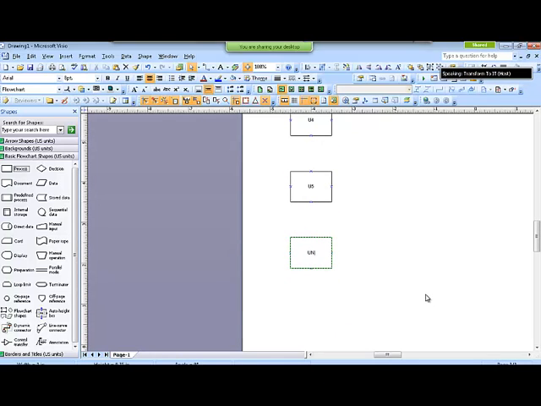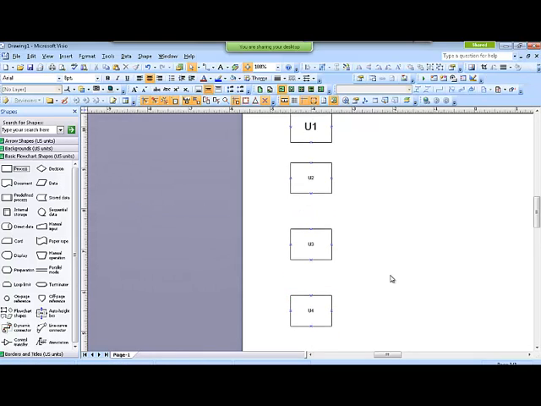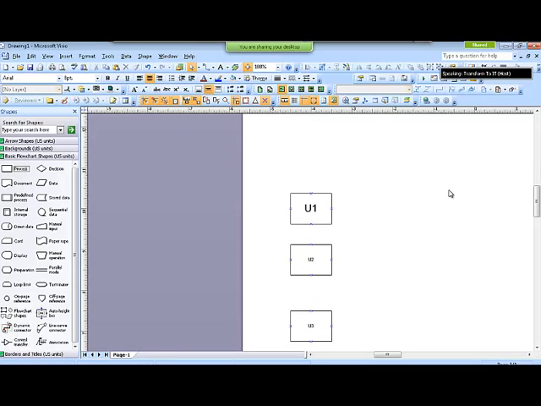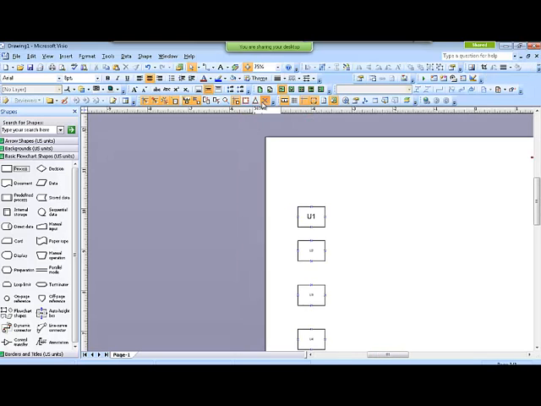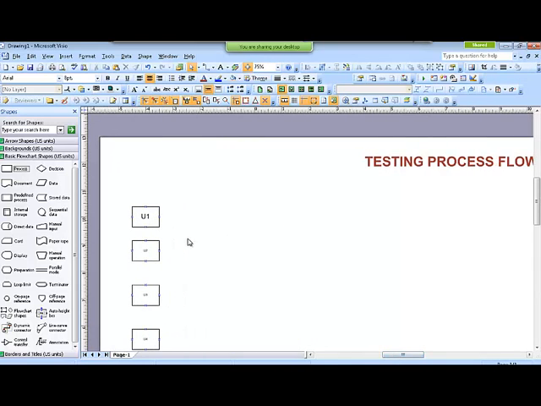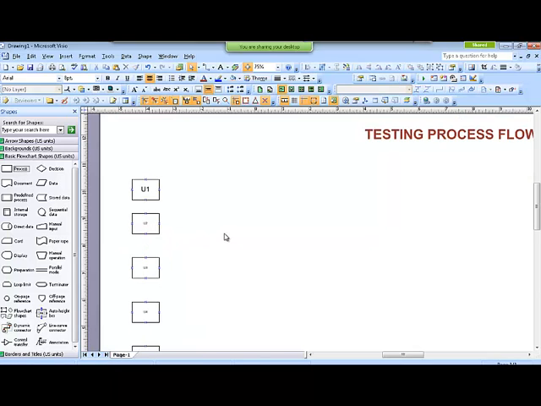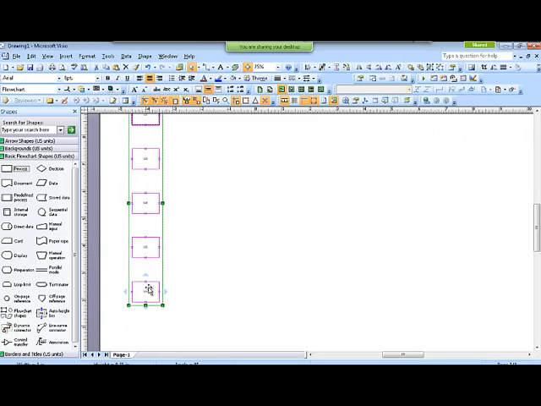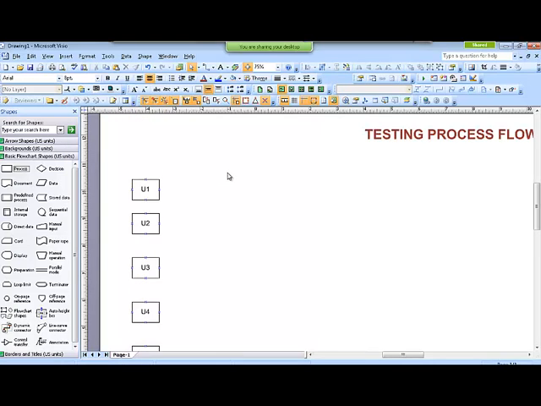So UN is unlimited, maybe, just to understand. So now these are units. Okay, we know that these are units.